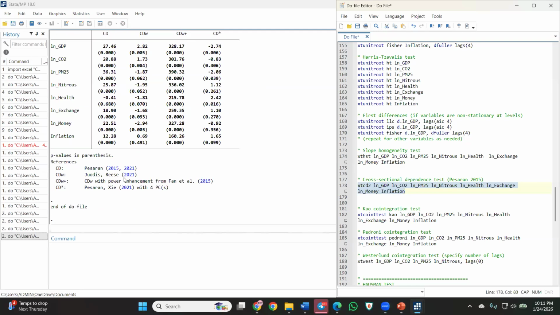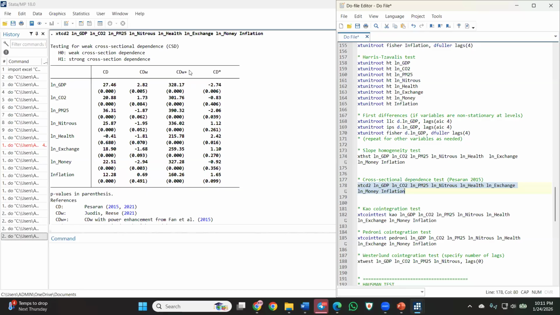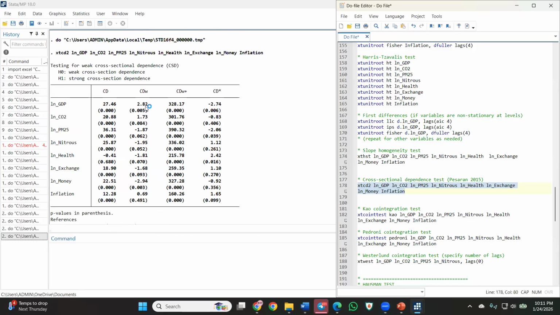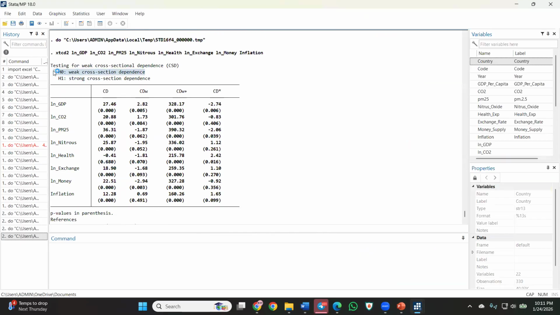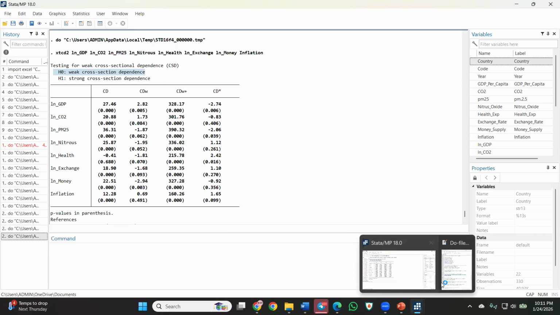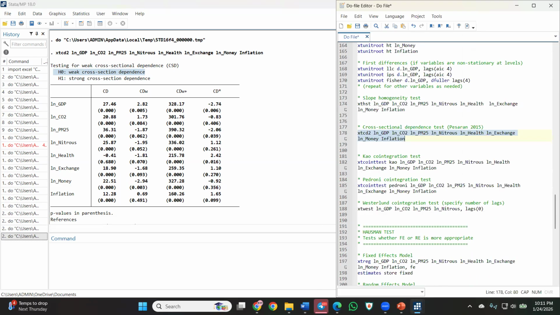We have the Pesaran 2015, Juodis-Reese 2021, CD-W with power enhancement from Fan et al., and then Pesaran and Xie with 4 pieces. That one too is here. We also explained the null hypothesis and how to interpret it with the results.